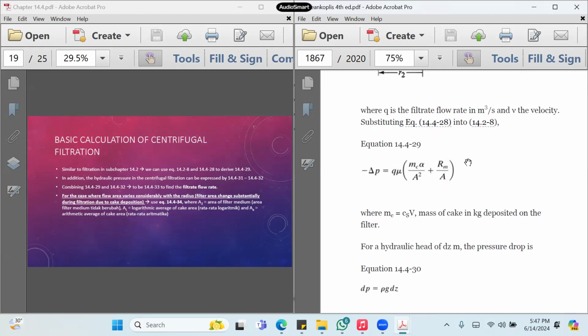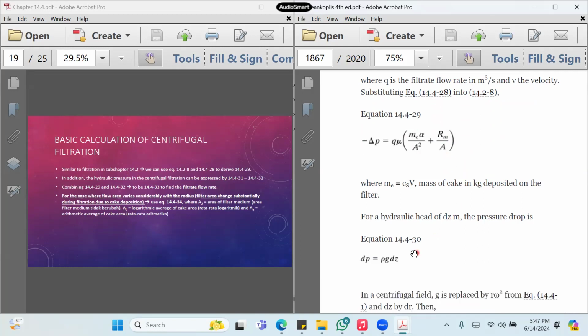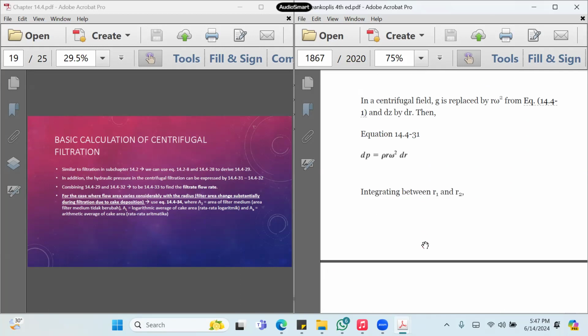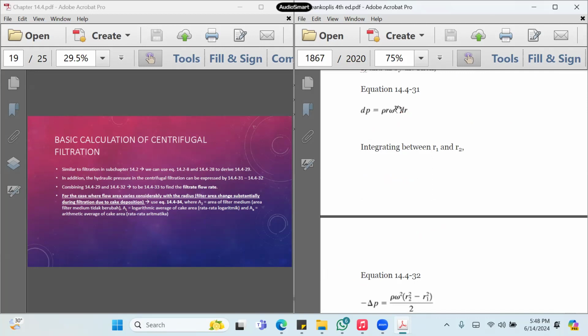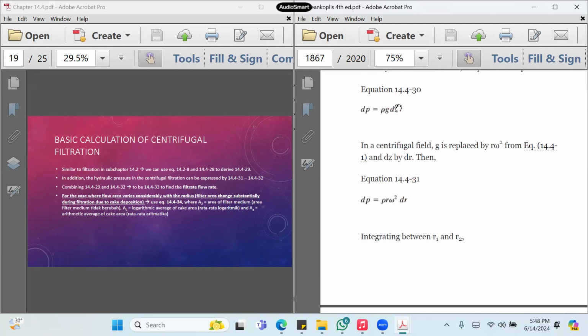Okay, and then we also know this is a common calculation for pressure. Pressure is rho g times delta z. Delta P is rho g times delta z. By combining these two, we can have equation 31. We change this g to AE.